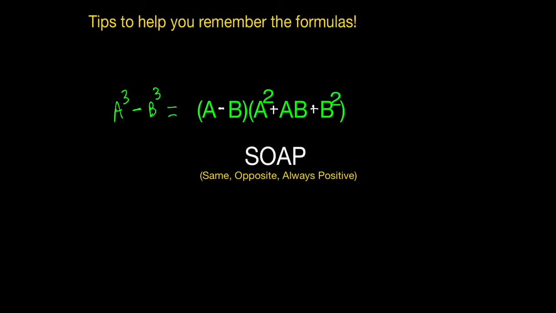If instead we were trying to get the sum of two cubes, we would fill the outline with the same sign first. So here we have a plus, we're going to fill it up with a plus. Then we use the opposite sign, and the last one is always positive. So those are just some tips to help you remember the formulas, because I'm aware that sometimes during tests you don't have access to your notes.